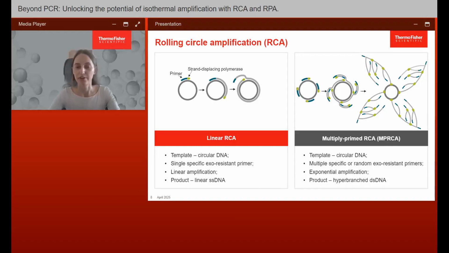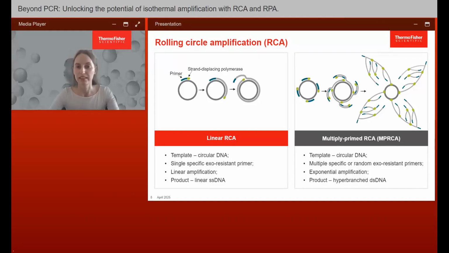In the MP-RCA reaction, we use multiple specific or random primers, and the benefit of random primers is that a single set of primers can be used to amplify multiple different DNA templates. The reaction mechanism of MP-RCA is very similar to linear RCA. Firstly, primers bind to the circular DNA template and are extended by a strand displacing DNA polymerase.